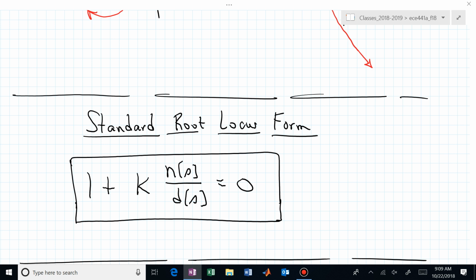But n of s and d of s, depending on how we actually start, may not be quite what we started with in terms of zeros and poles in g's and h's and g sub c's, etc. It will depend on how we've now created or converted our characteristic equation into this standard root locus form.